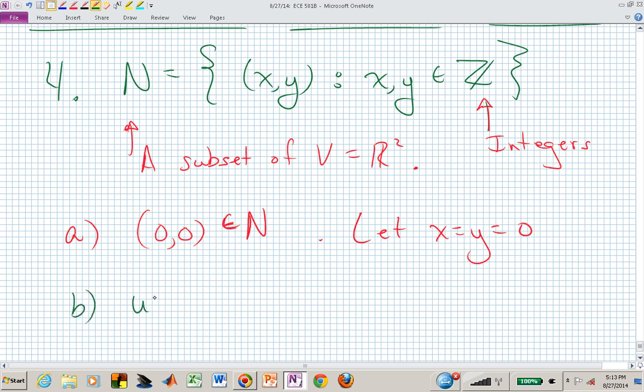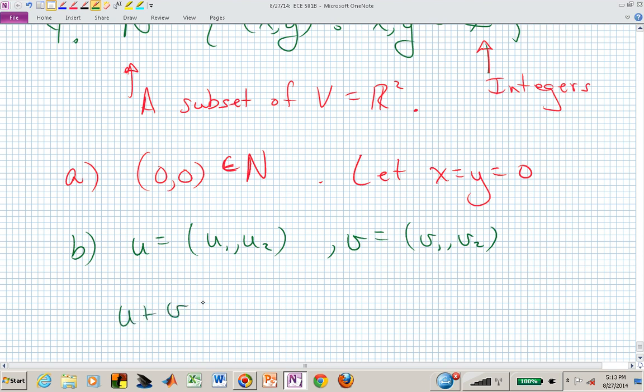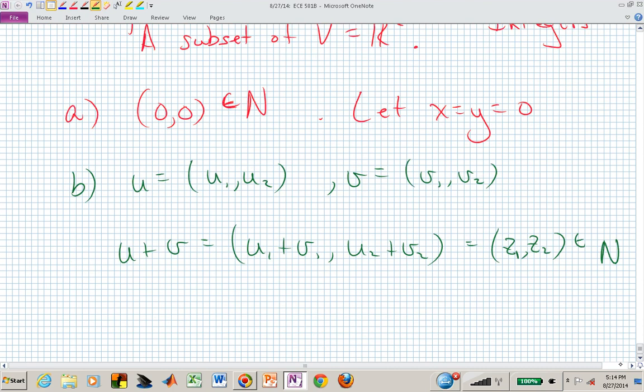What about U equaling U1, U2, and V, I don't know why I'm changing my strategy, being V1, V2, U plus V, U1 plus V1, U2 plus V2, that's in N also, isn't it? So maybe we should have started at the other end to find a counterexample. And that's, I think, what you were doing.